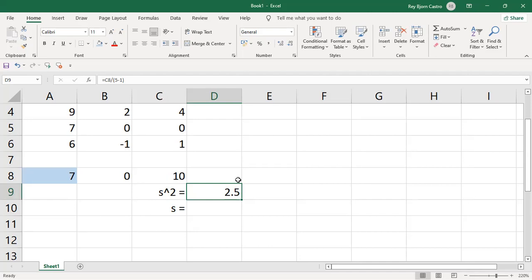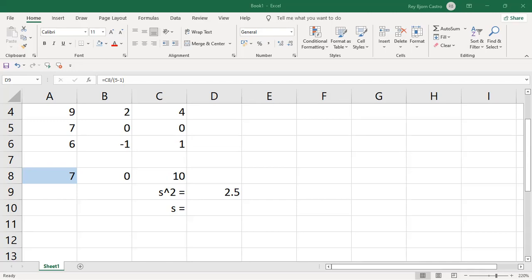What is the square root of 2.5? So si De Castro ay tama.